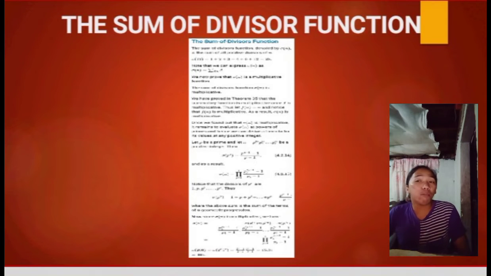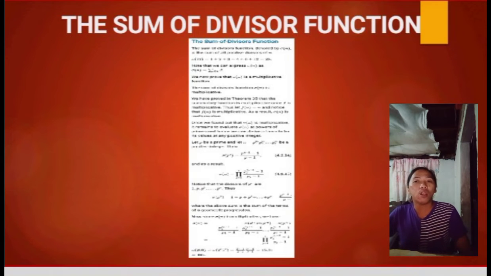When we say the sum of divisors function, it is denoted by σ(n), the sum of all the positive divisors of n. For example, σ(12): we know that the divisors of 12 are 1, 2, 3, 4, 6, and 12, and the sum results to 28.